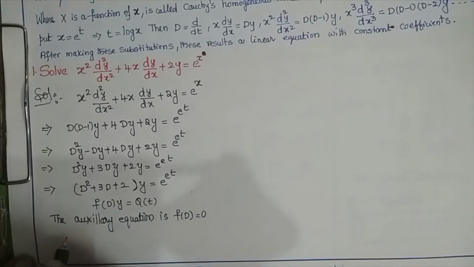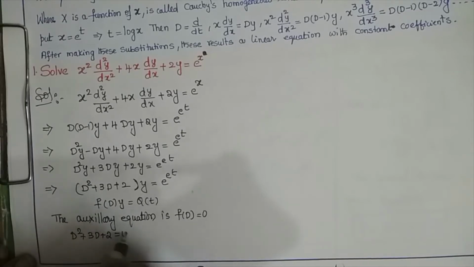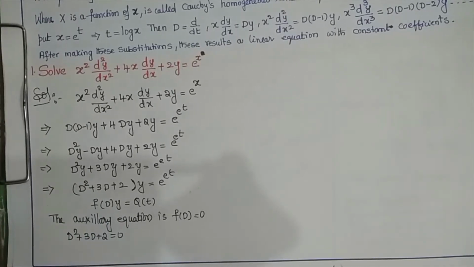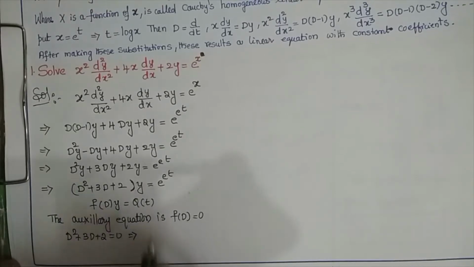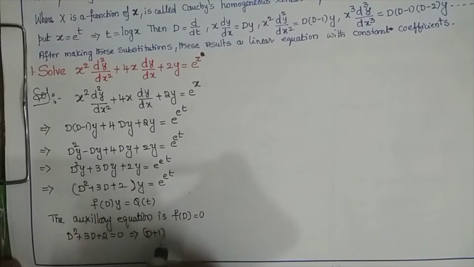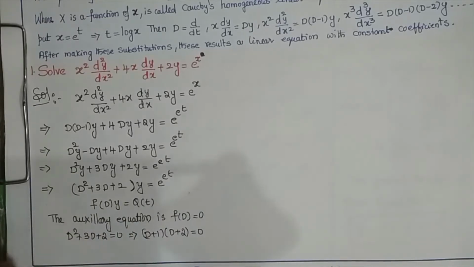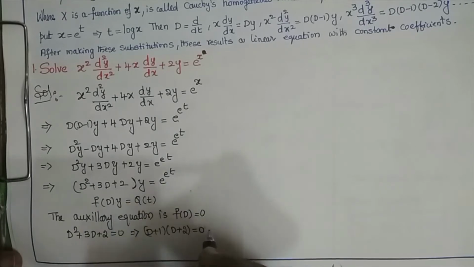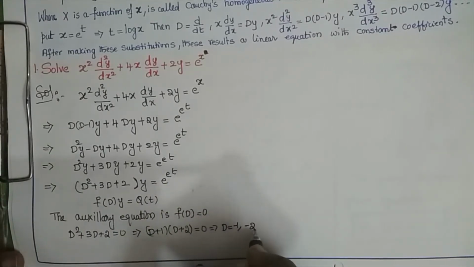That means D^2 + 3D + 2 = 0. This is the auxiliary equation. For solving this equation, we will get the two roots, that is (D+1)(D+2). Otherwise you can follow any method. So the roots are D = -1, -2.